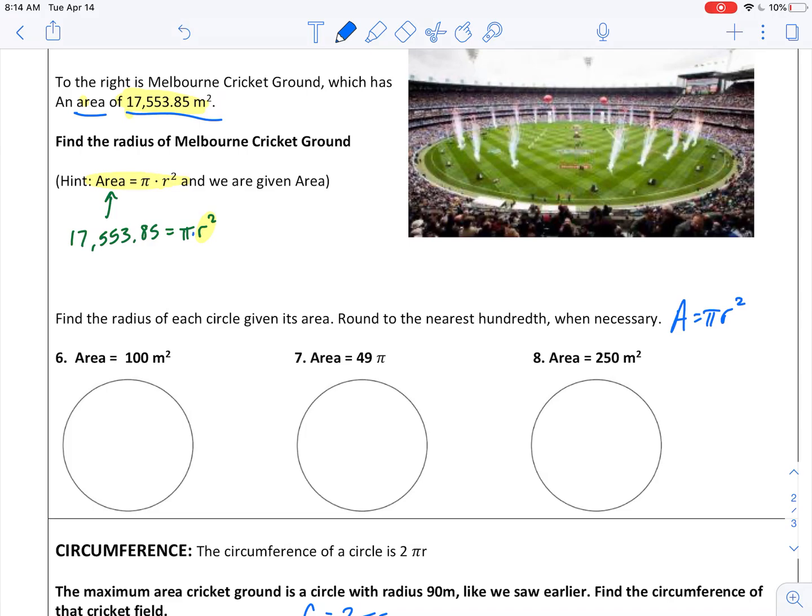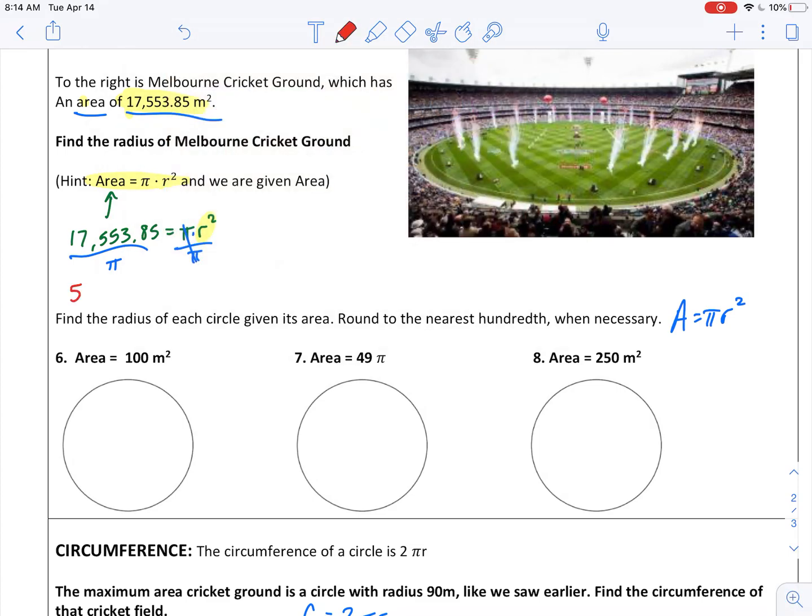And now I really want to get r squared by itself. So what do I need to get rid of over here? Well, I need to get rid of pi. If I'm multiplying these, the opposite of multiplying by pi is dividing by pi.